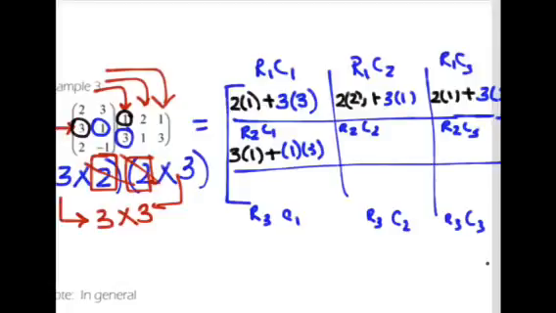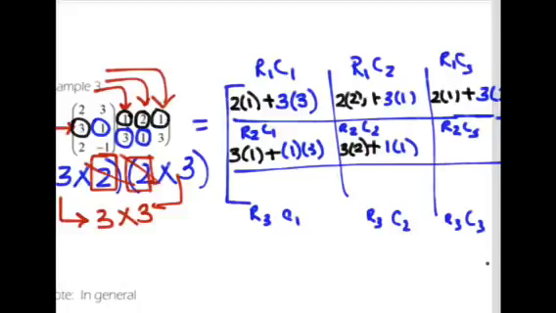Now we go to the next one. The same row, but then this 2 and this 1. So we are on 3 times 2 plus 1 times 1. Last row and column.